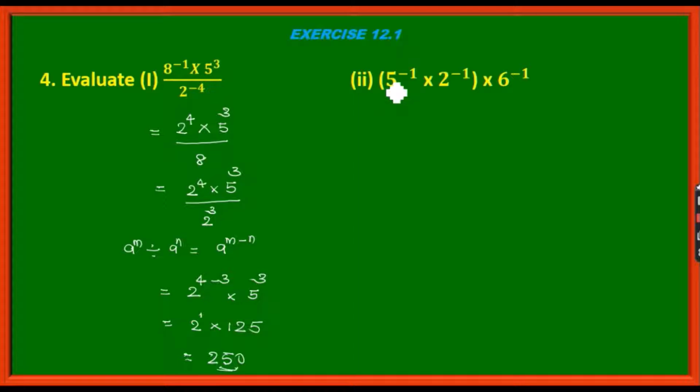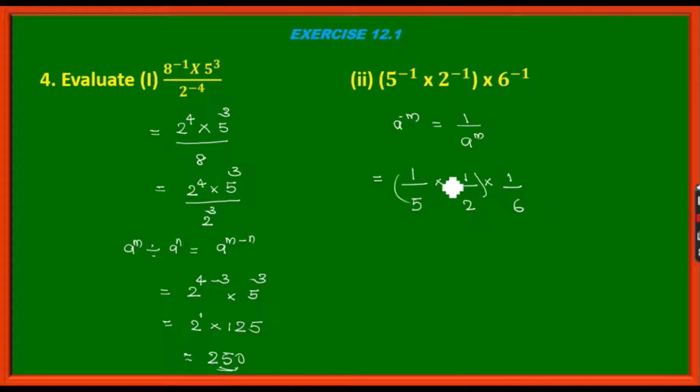5 raised to minus 1. We have the exponential law: a raised to minus m is equal to 1 by a raised to m. So taking the reciprocal, 5 raised to minus 1 we can write as 1 by 5. 2 raised to minus 1 we can write as 1 by 2, into 6 raised to minus 1, that comes 1 by 6.